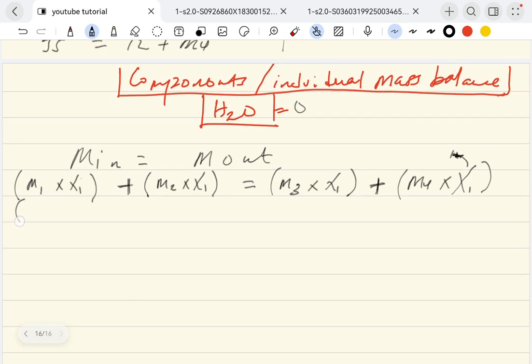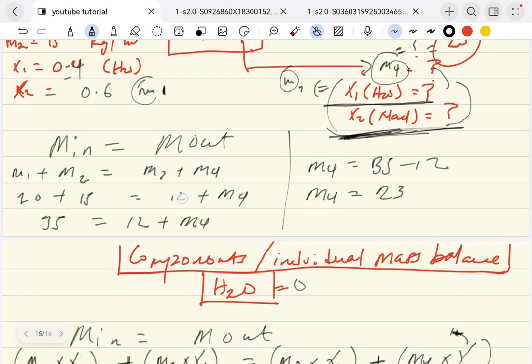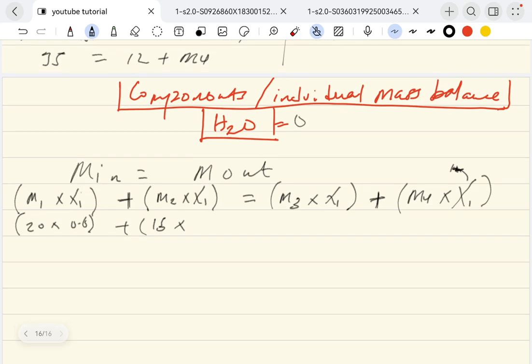We know our M1 to be 20, multiplied by the fraction of water, which is 0.6, plus our M2, 15, and the fraction of water from that one is 0.4.